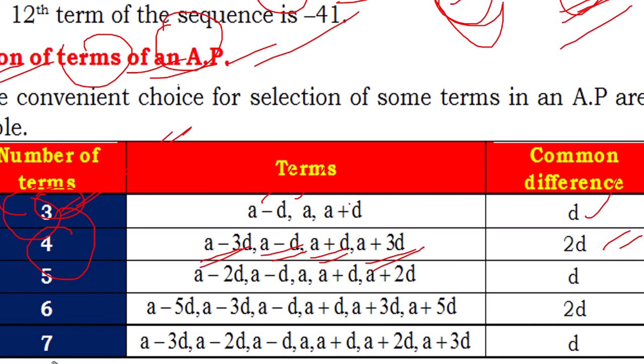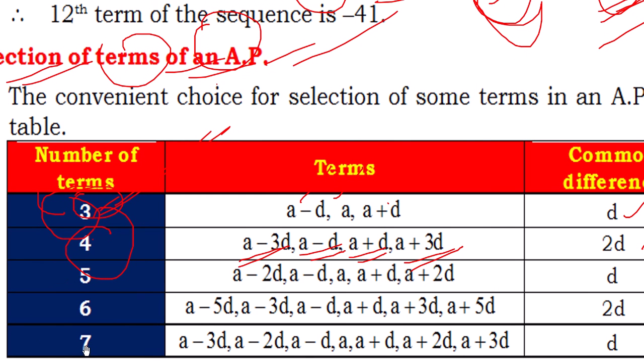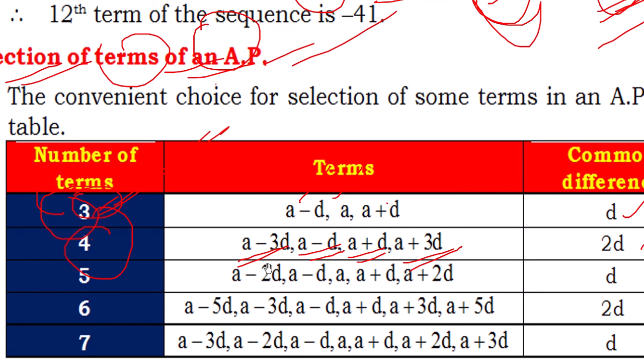If you observe here, if the number of terms is odd, like 3, 5, 7, then the common difference is d and the middle term is a. Before that, a minus d, a plus d, a minus 2d, a plus 2d, a minus 3d, a plus 3d. Like that we are taking.